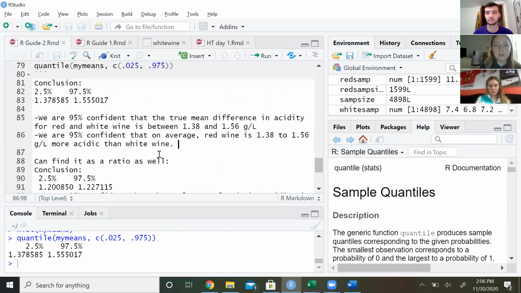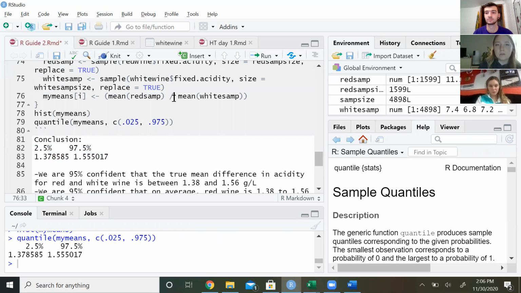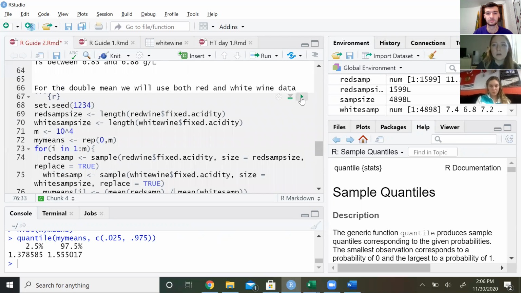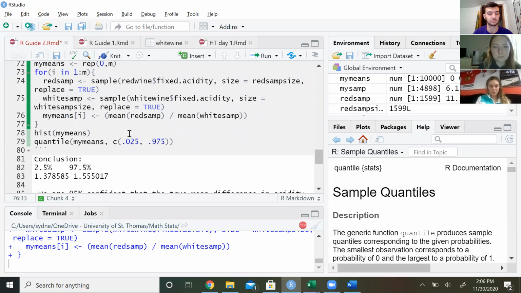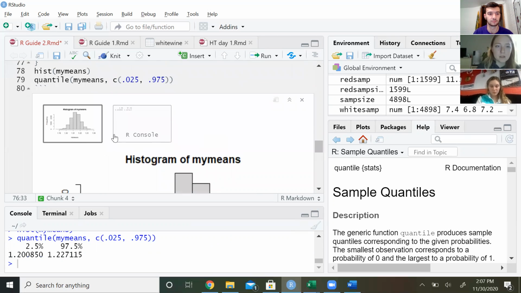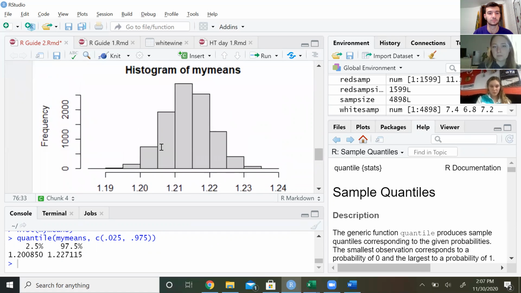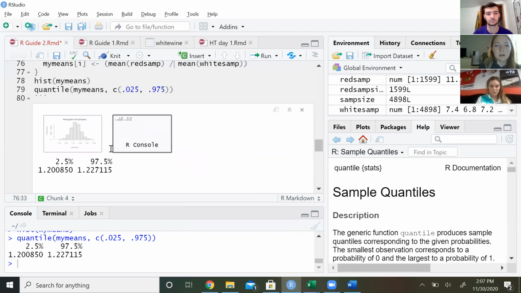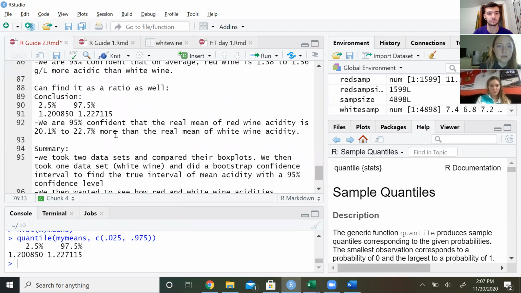So something else that we can do with the bootstrap, we can do different types of statistical analyses. We can also find a ratio. If we run this, it will show us the ratio between the mean of the red samp and the mean of white samp. Once it runs, again, it has that normal histogram, which we want to check for. And then in our console, we get these numbers, which I have copied right here.